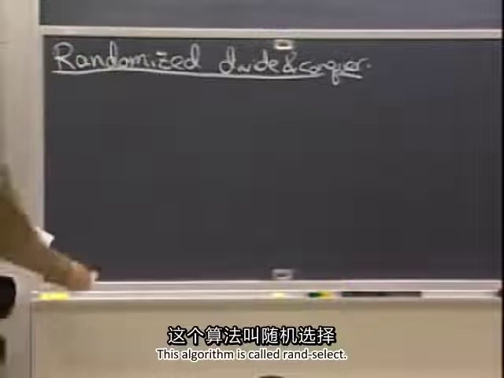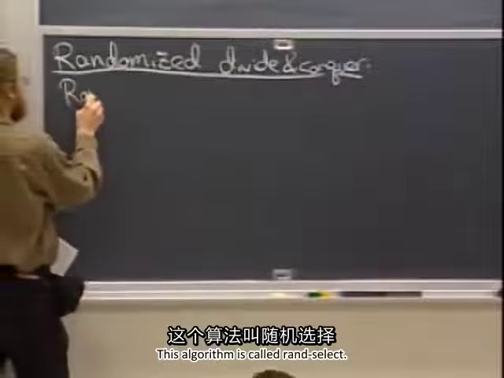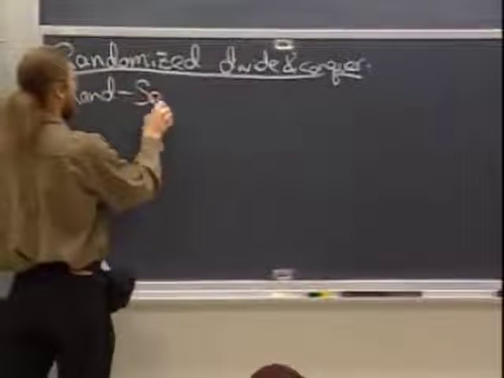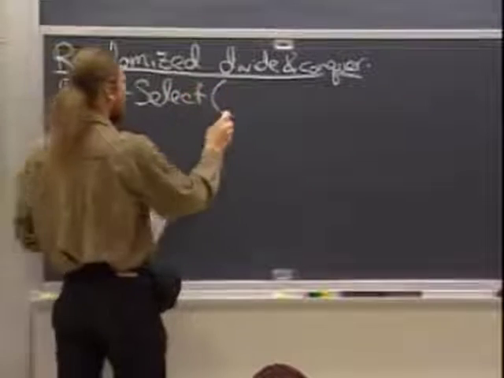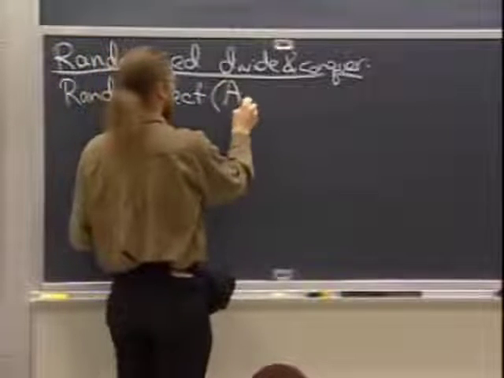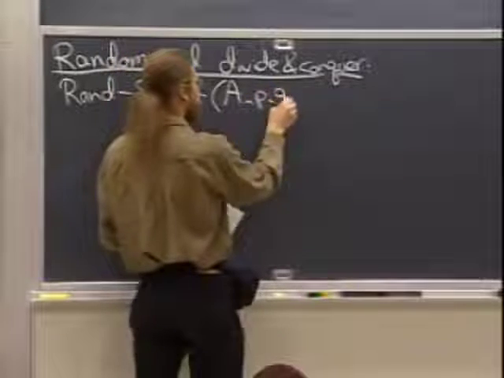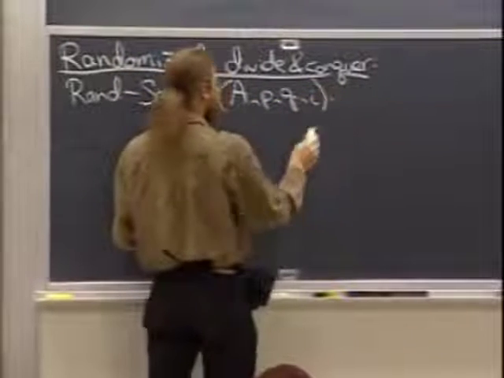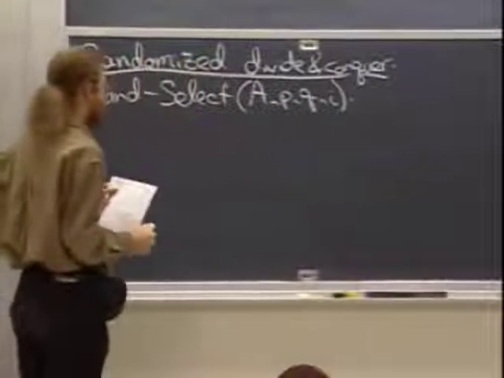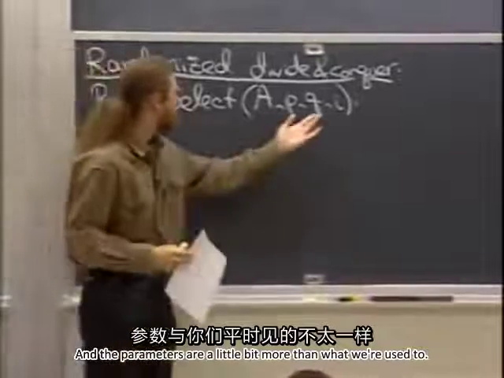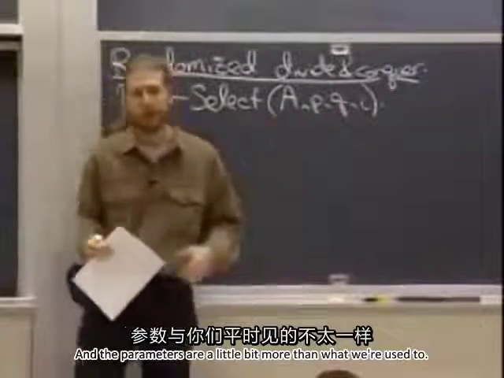So this algorithm is called random select. And the parameters here are a little bit more than what we're used to.